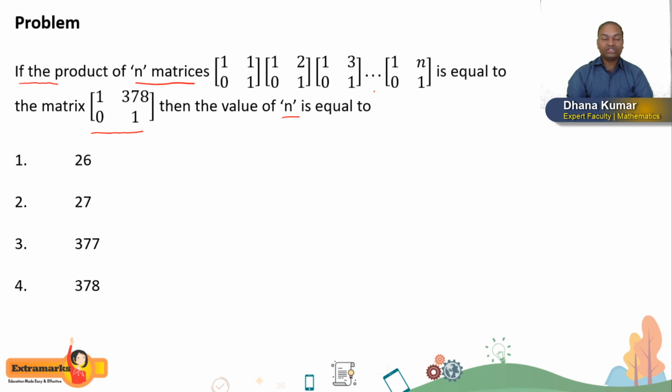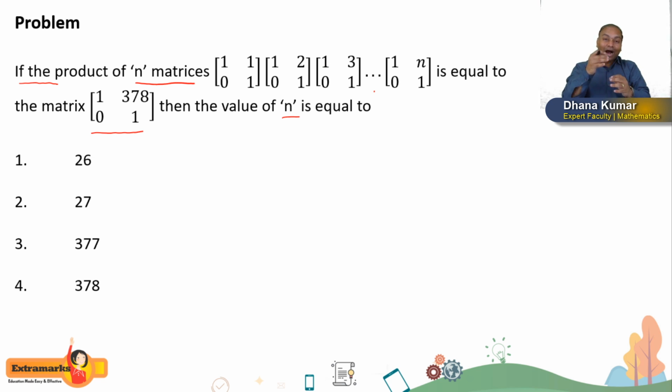Right. Now for the simplification, just you see here. First of all, we don't know the n value. So how to do it? Can you multiply all the matrices? It is not possible because we don't know n. So what to do? Here you do two or three matrices; better you do three matrices. Find the multiplication answer of the first three matrices.